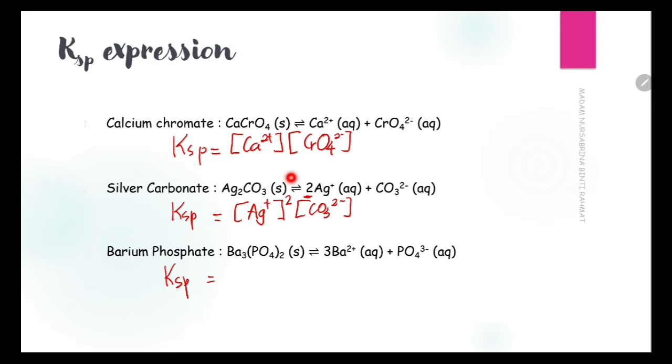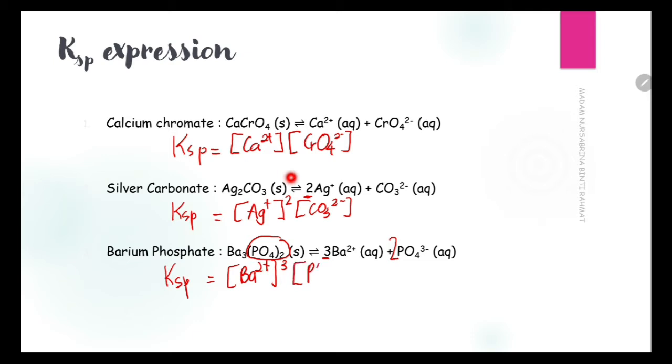This one is barium phosphate, which consists of 3 moles of Ba2+ ion. So the barium ion is to the power of 3, because we have 3 in front of Ba2+, which is its stoichiometric coefficient. According to the molecular formula of barium phosphate, I have 2 for my phosphate ion, but in this reversible reaction there is no 2, so I need to put 2 in front of my phosphate ion.